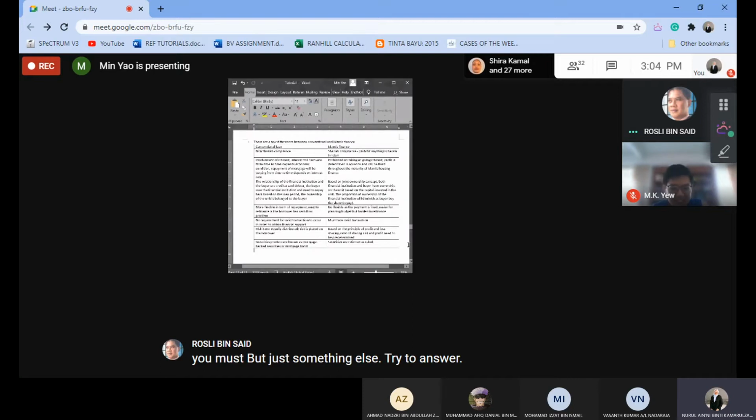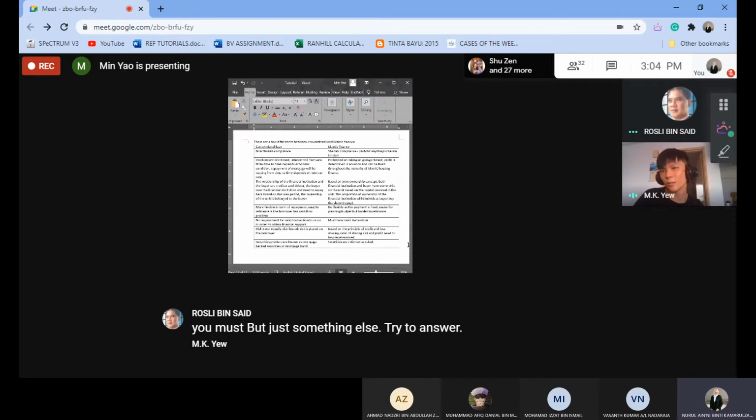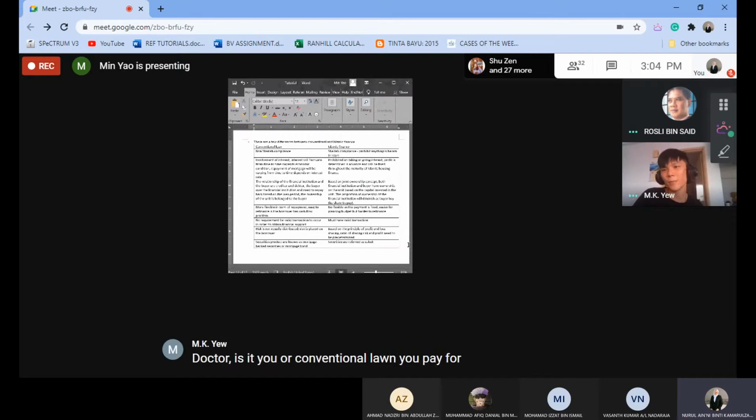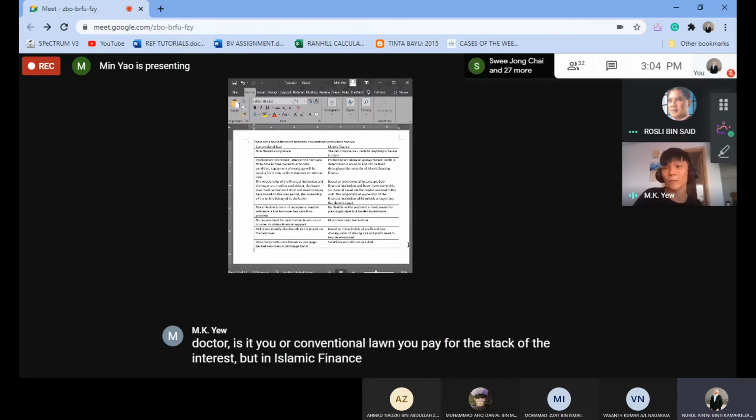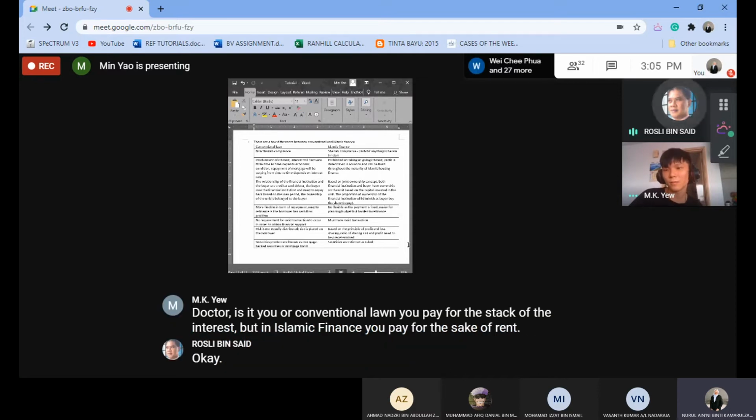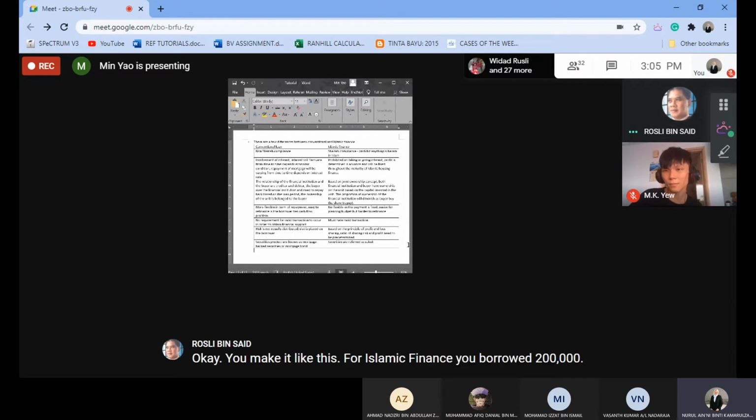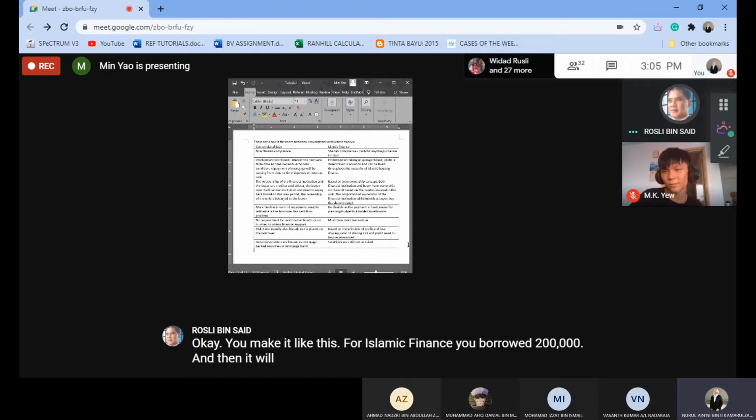Doctor, is it that for a conventional loan, you pay for the sake of the interest, but in Islamic finance, you pay for the sake of rent? Okay. Make it like this. For Islamic finance, you borrow 200,000, and then it will involve the future value, which is the markup sale.